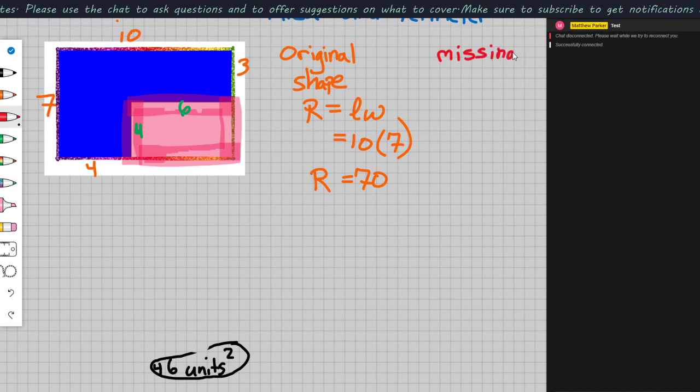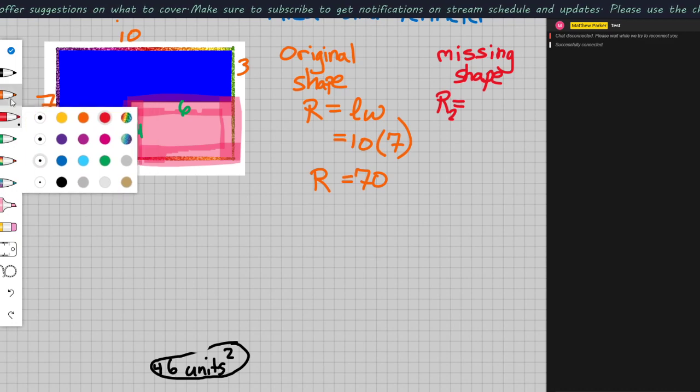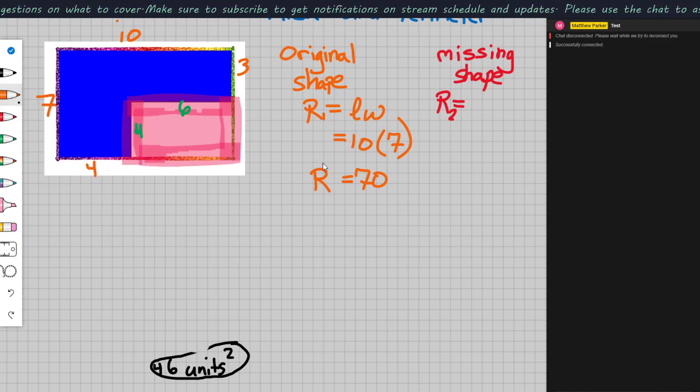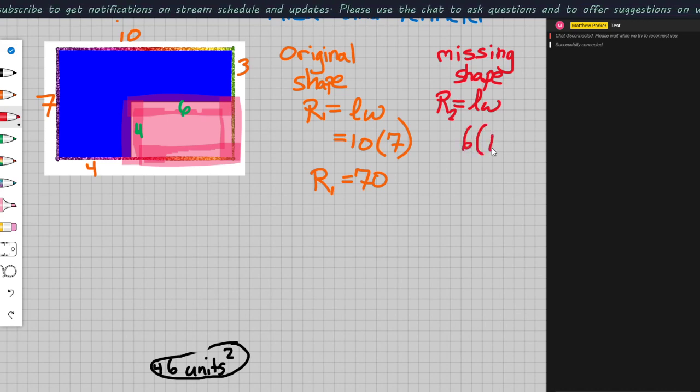Missing. Happens to be a rectangle as well, so I'll use an R for that. 2. It's going to be like that, length is going to be 6 times 4. So 6 times 4, 24.